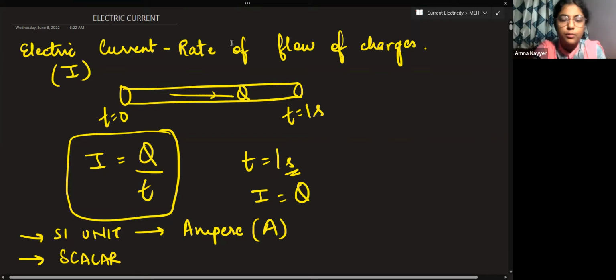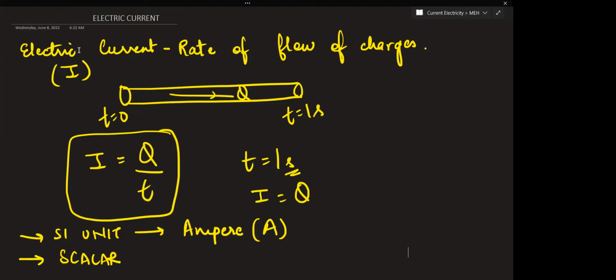There are slight variations in this formula as well, but just don't note down this first. Done till here.